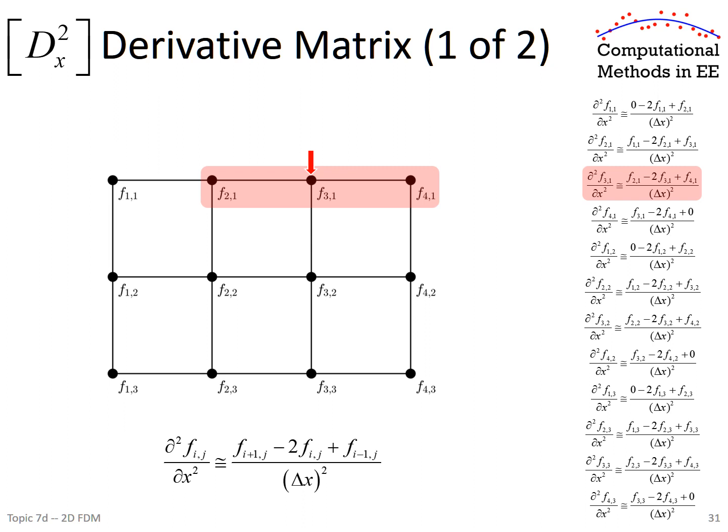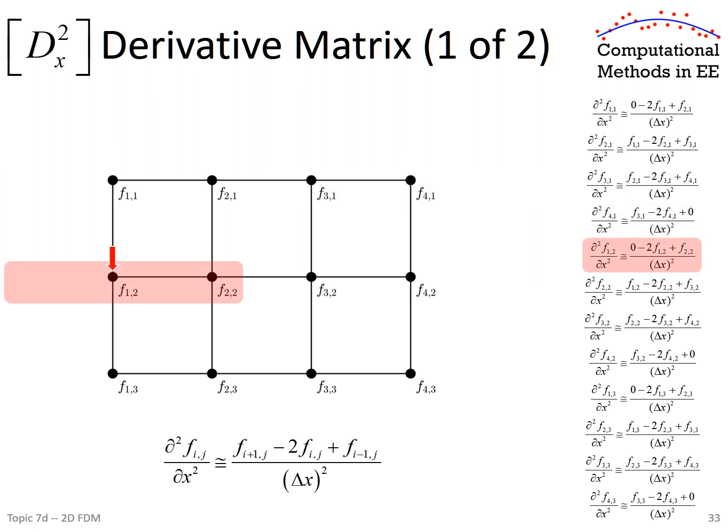That's the finite difference equation at the point f31. Now at the right-hand side of the grid, we have another boundary condition problem. So we put a 0 in since we're using Dirichlet boundary conditions. So we end up with f31 minus 2 times f41 plus 0 because the f51, if you will, would be outside of the grid.